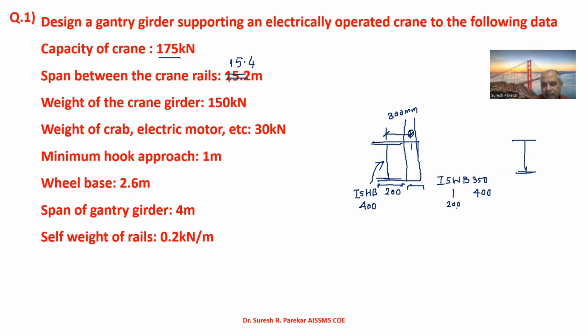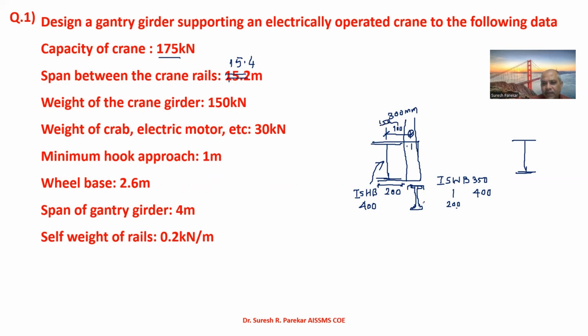If I plot over here, we have ISMC 250, and below this we have this beam. So ISMC 150, or we have 200. So we have this value 125, and then 100 to 150.